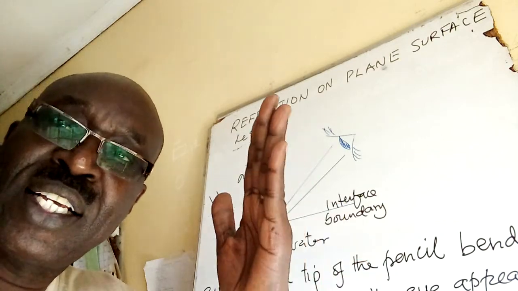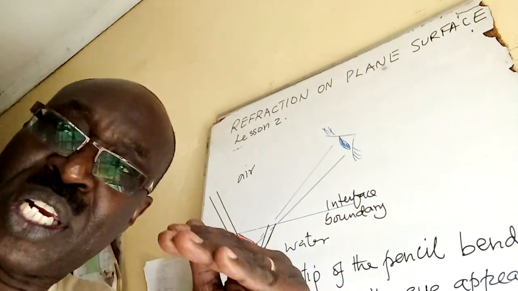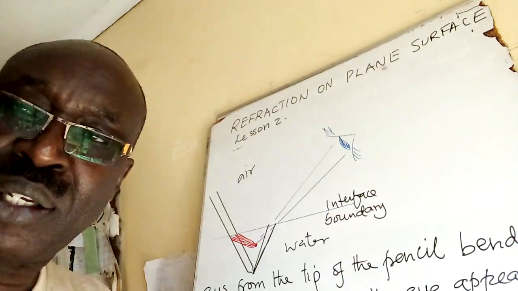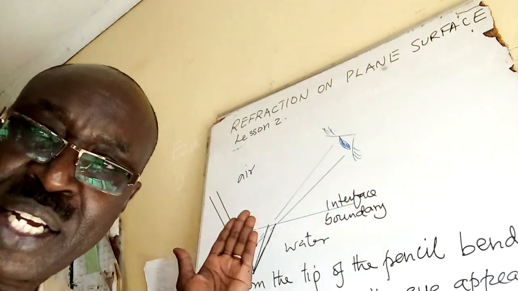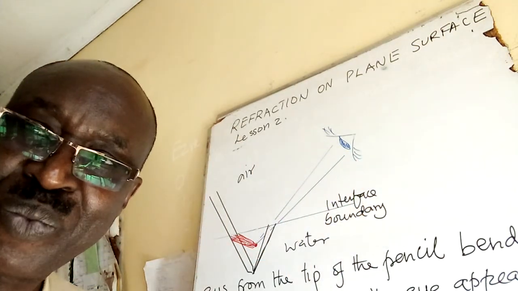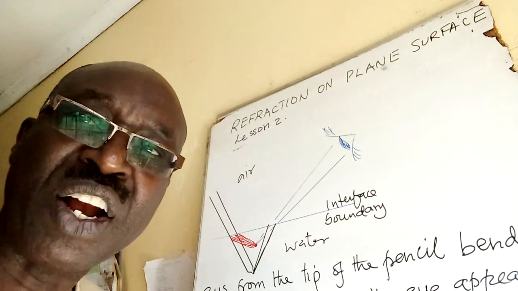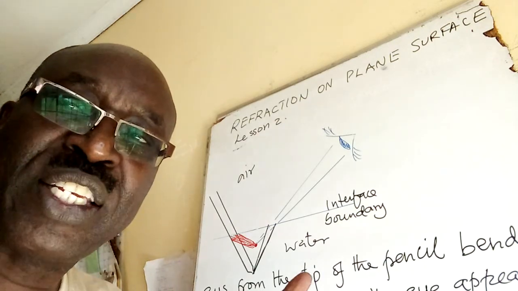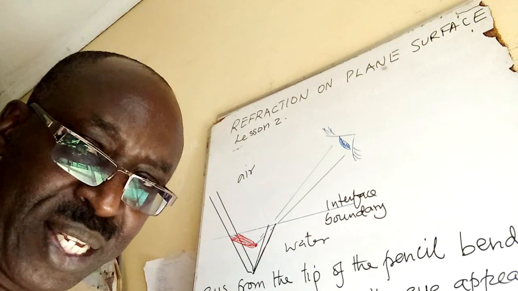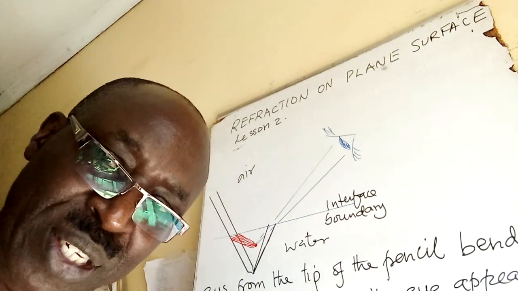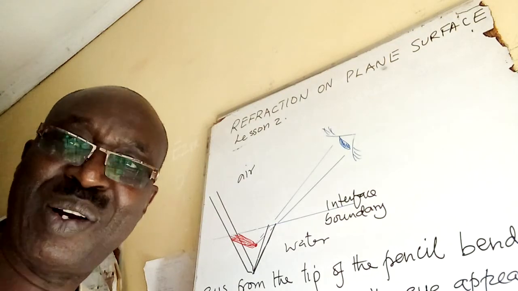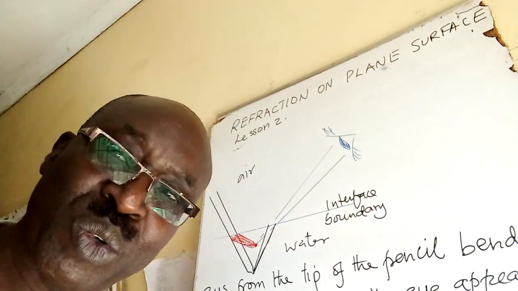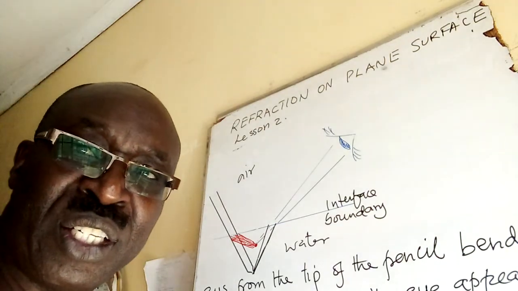Refraction on plane surface. What happened at the boundary? Okay? There is water, there is air. These two are not of the same optical density. So what happens? They will be bending. It cannot go straight this way.